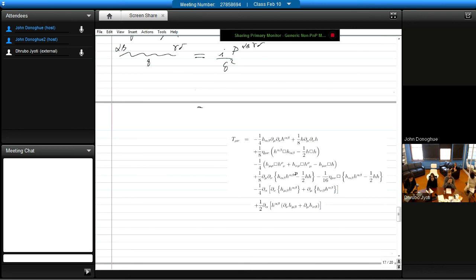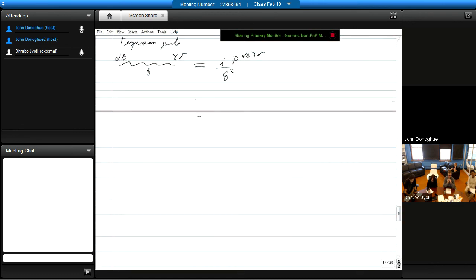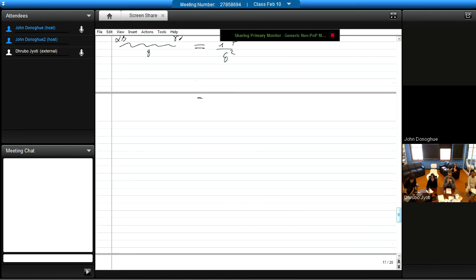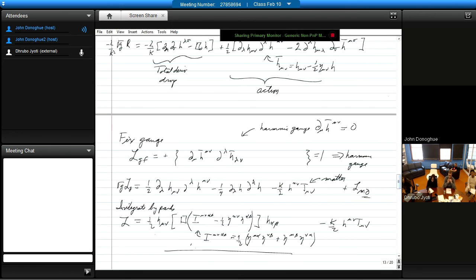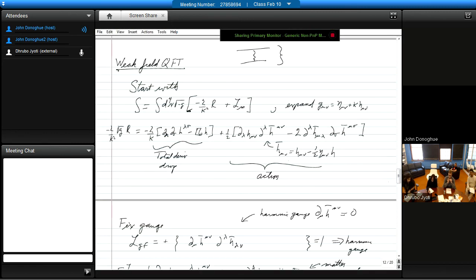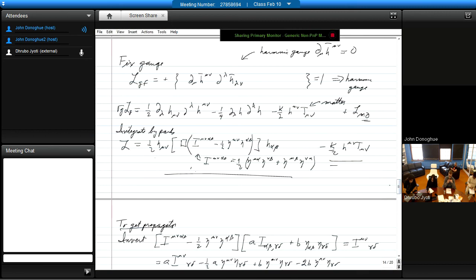Let's get rid of this stuff. Then what's the coupling to the graviton? Well, in fact, we have it up here, in the equations of motion. The coupling was sitting right there.